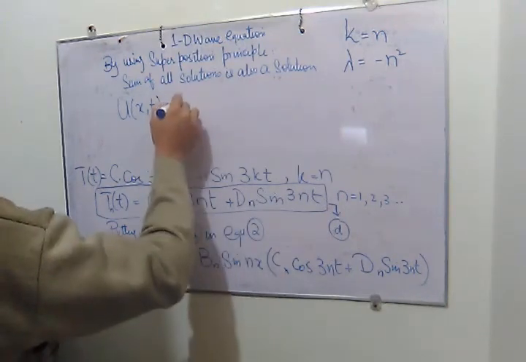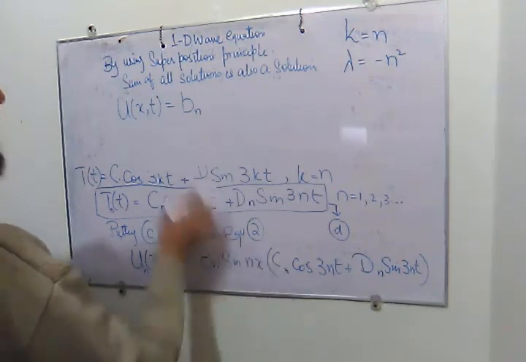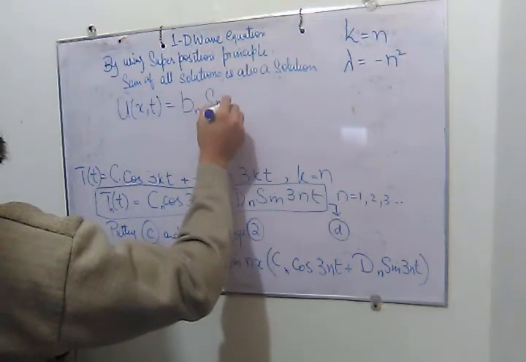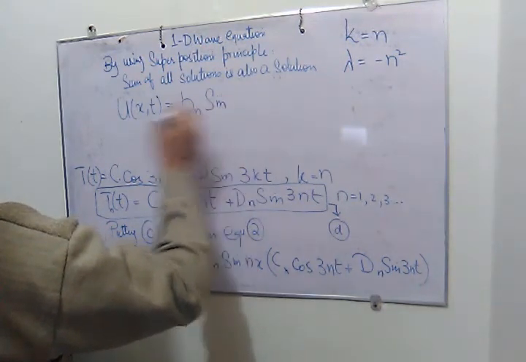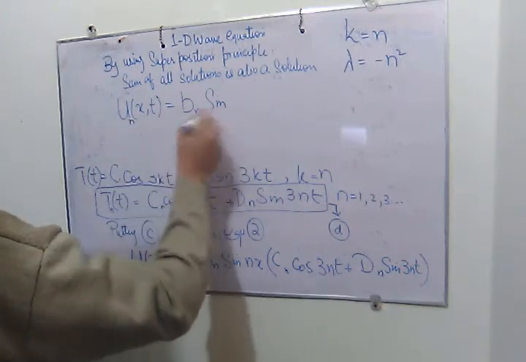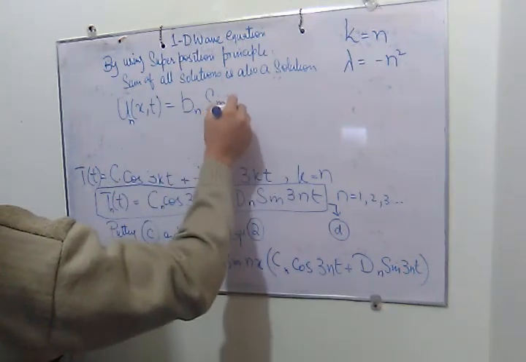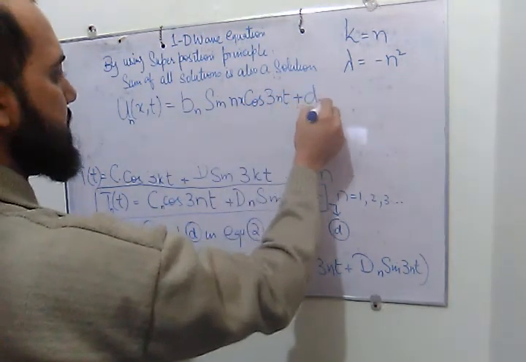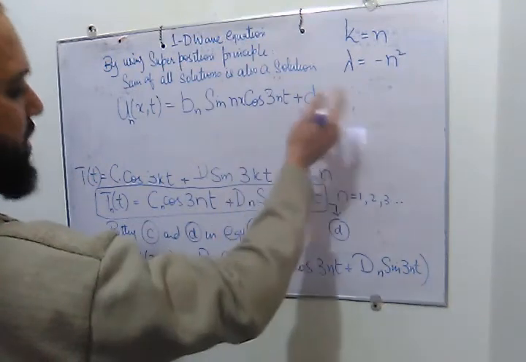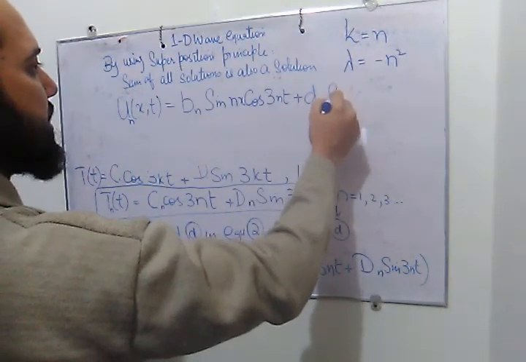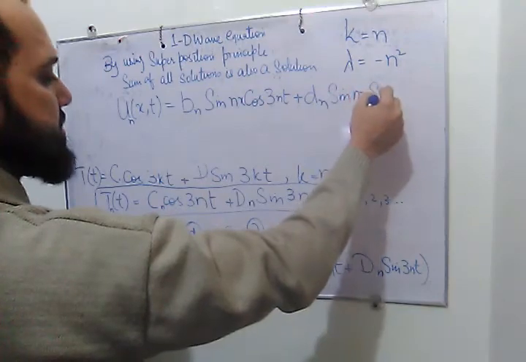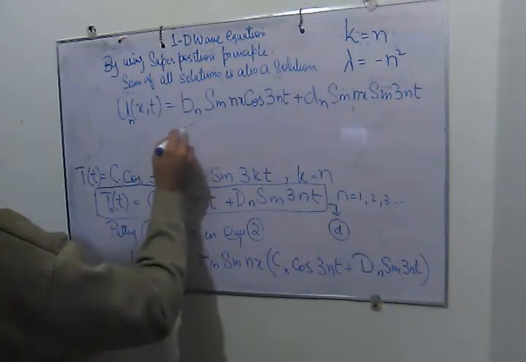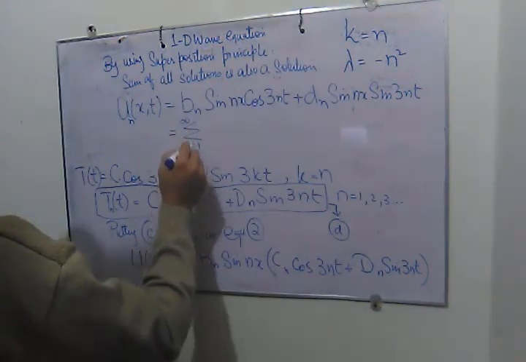So we call b_n as capital B_n and c_n as small b_n. So we have B_n sine nx. So first we just simplify it, nx cos 3nt plus D_n, and b_n combined with small d_n, and this is sine nx sine 3nt. And now we sum the solutions, n is equal to 1 to infinity.